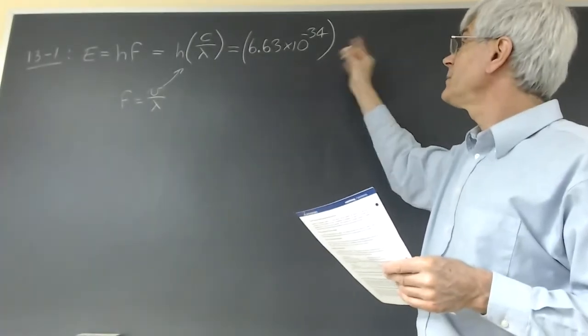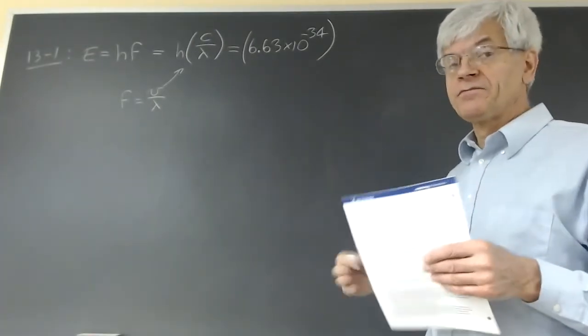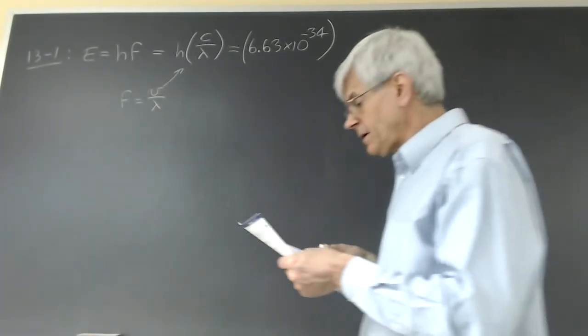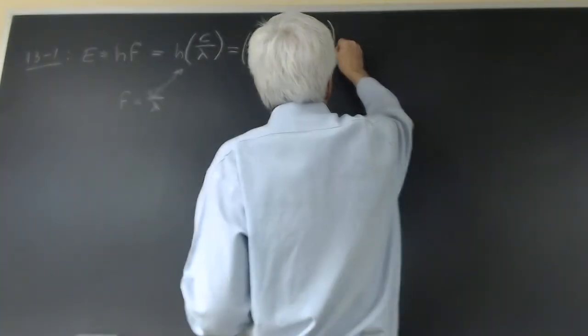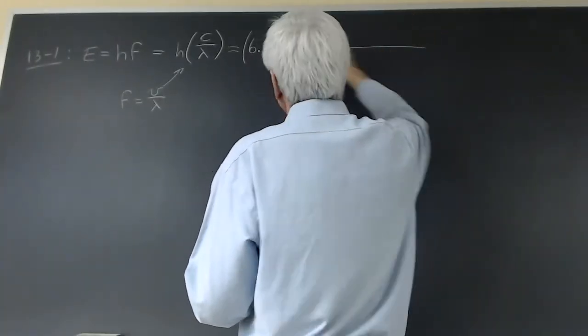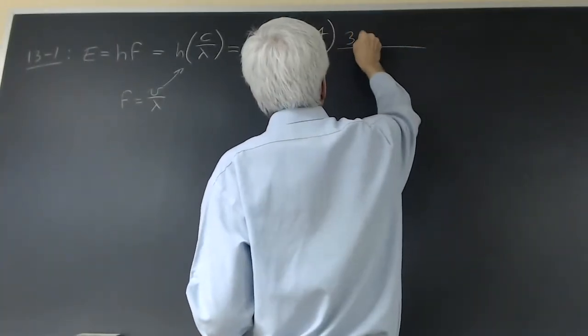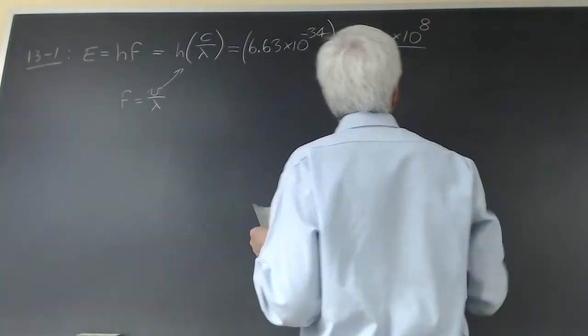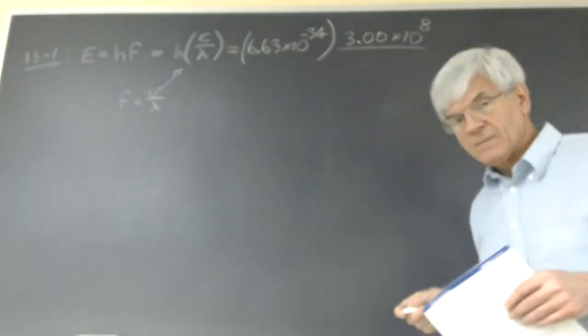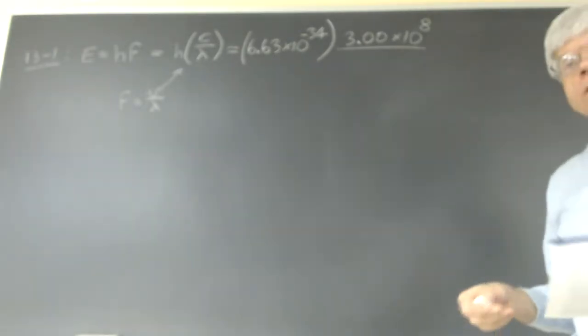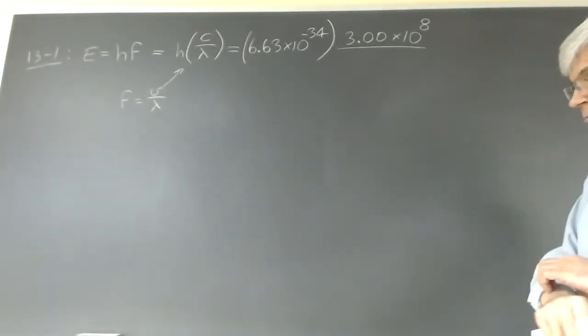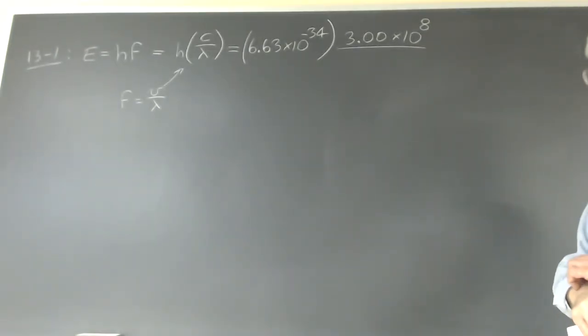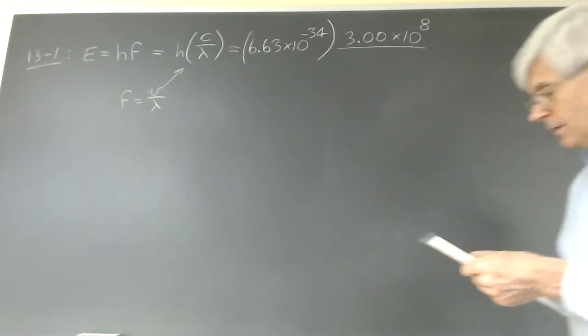So if you really want to be a perfectionist, 6.626 times 10 to the negative 34, but yeah, it's close enough for the kind of thing we're doing now. Speed of light in a vacuum, in meters per second. There again, if you want to really be precise about it, 2.998 times 10 to the 8th.